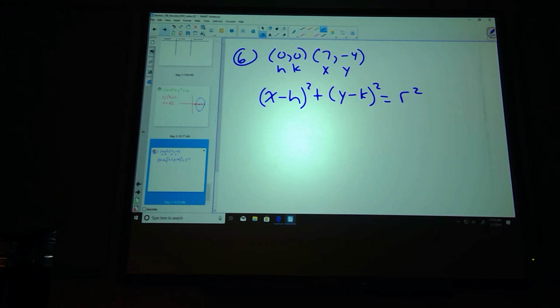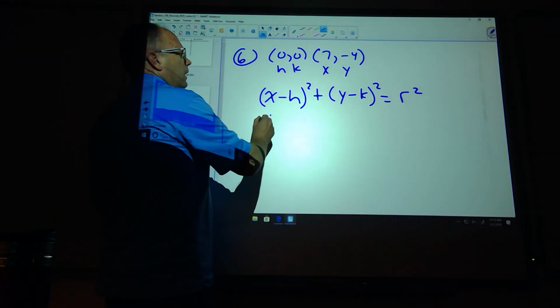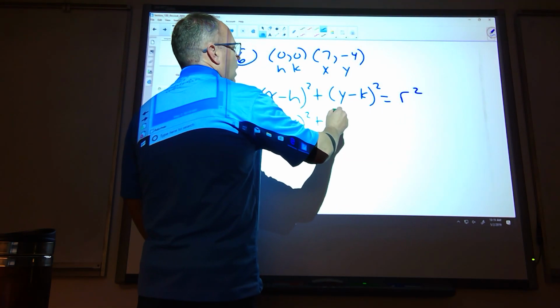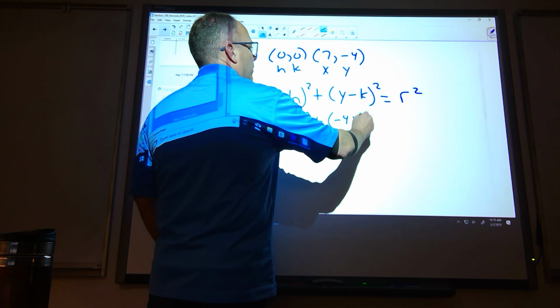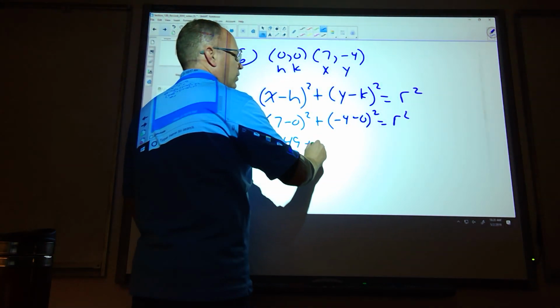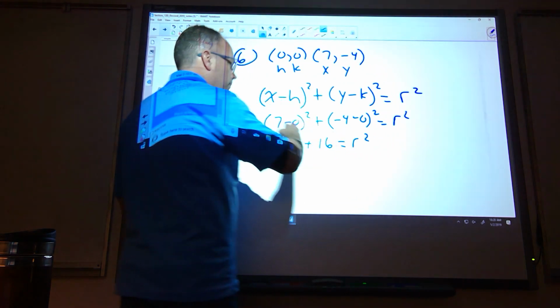Since it's already centered at 0, 0, it's going to be x squared plus y squared. But I don't know what the radius is, so I have to use a modified version of the distance formula. If I do this, I'll find r. So I'm going to get (7 minus 0) squared plus (-4 minus 0) squared equals r squared. Do the arithmetic. That's going to give me 49 plus 16 equals r squared.